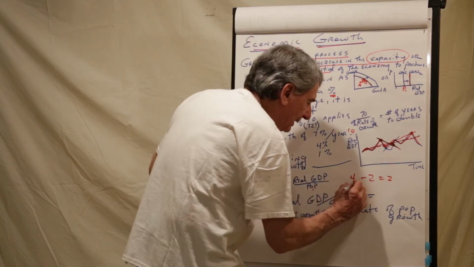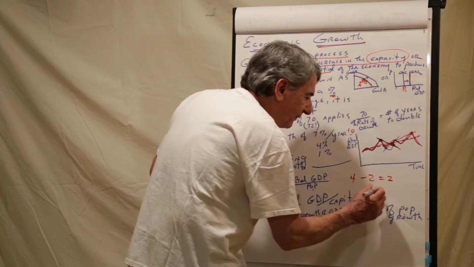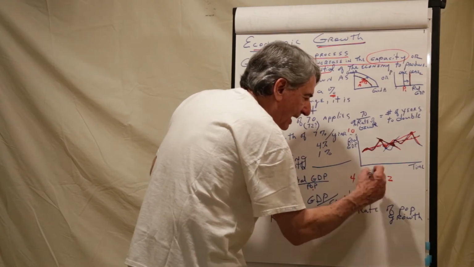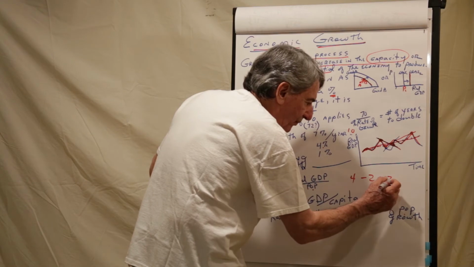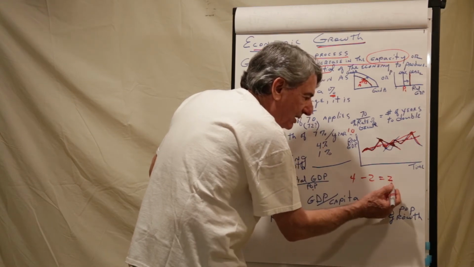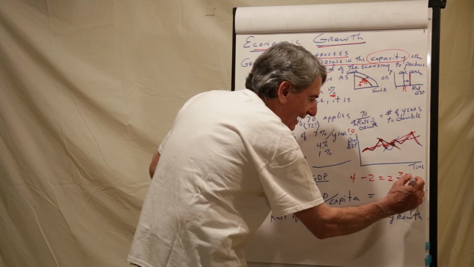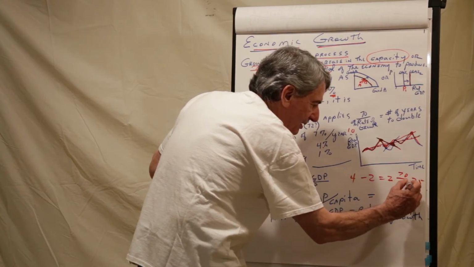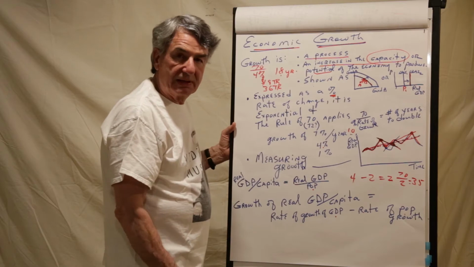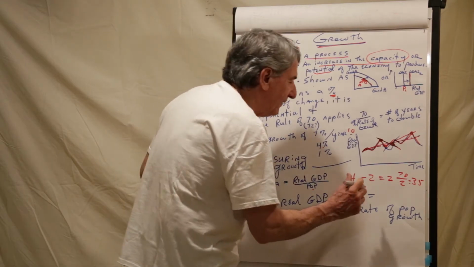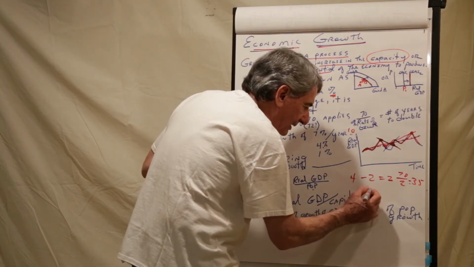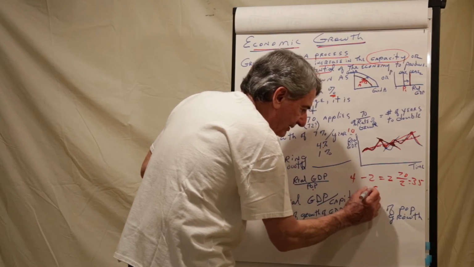Now, how long would it take for the GDP per capita to double if the real GDP per capita growth rate is 2%? Well, you take 70 and divide it by 2, and in 35 years, the real GDP per capita will double. But what if you get your population growth rate down to 0.5%?